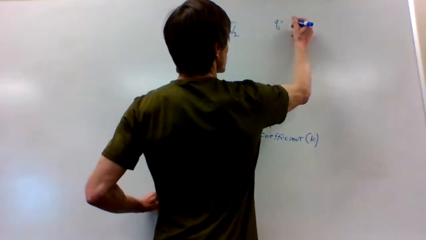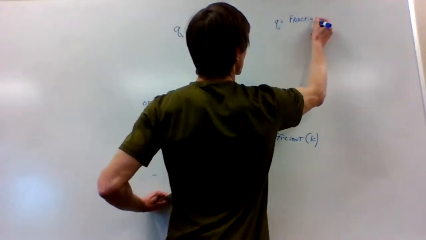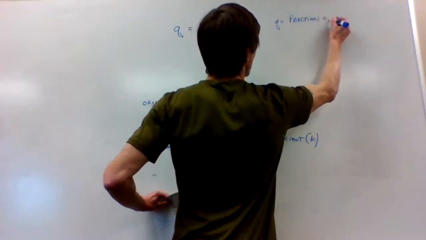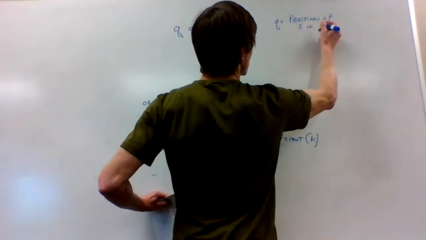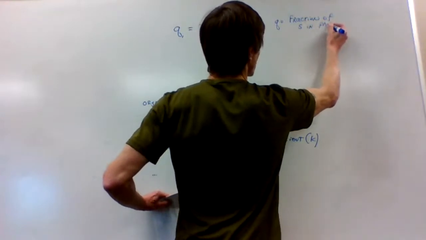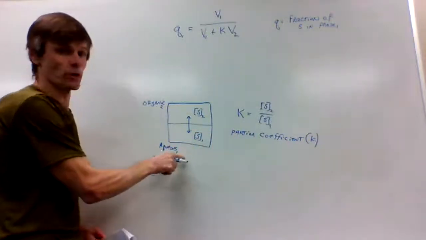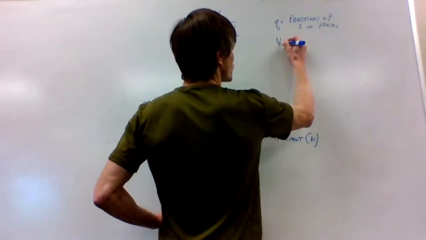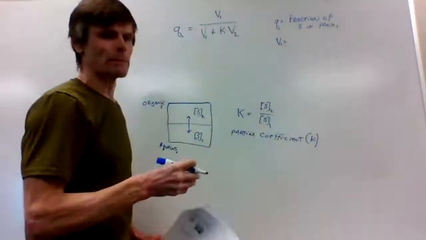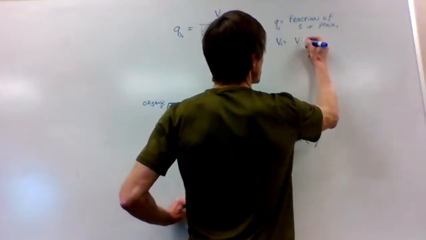Q is the fraction of our analyte S in phase 1. And in this particular arrangement, it'll be in the aqueous phase. V1 is going to be the volume of phase 1 in milliliters.